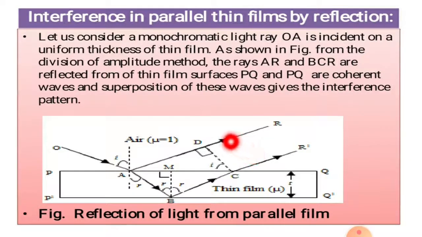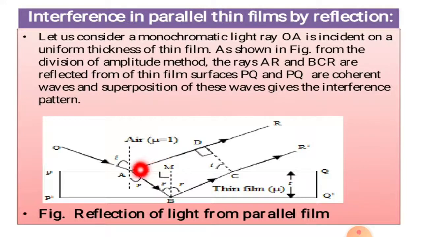We draw a perpendicular line CD to AR. Above this perpendicular line, these two reflected light rays travel equal distances, and below this perpendicular line there exists a path difference between them.